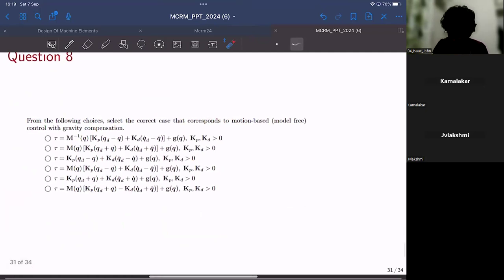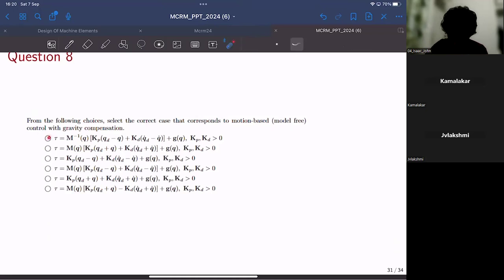So question 8, from the following choices, select the correct case that corresponds to motion-based or model-free control with gravity compensation. It should not have any model parameters coming into this control law. So all the things that come with the mass matrix, we can eliminate straight away.